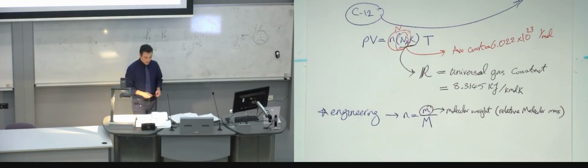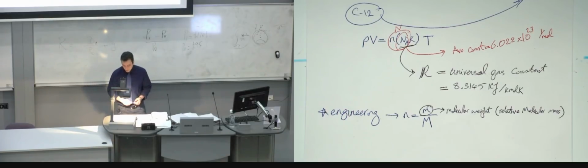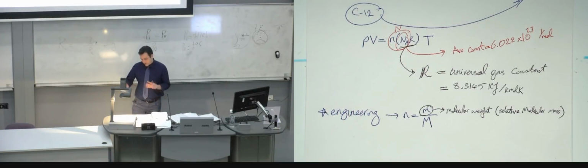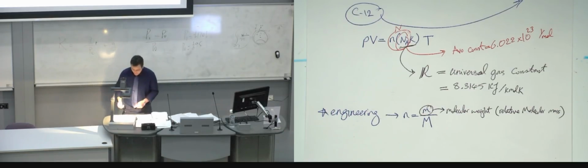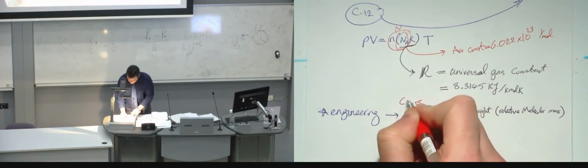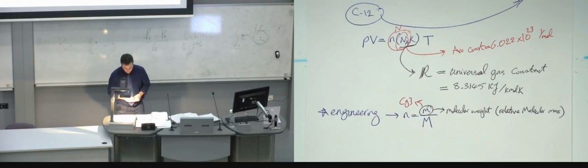I think in the rest of this textbook I've used molecular weight because it's a classical name for it, but if you come across that term, it's the same thing. And the units for that is just simply gram or kilogram, depending on what you look at.